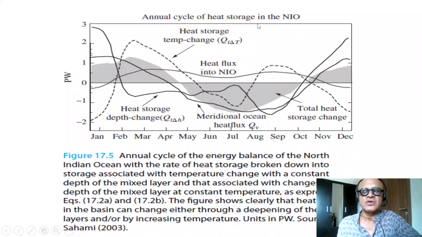So this is heat storage in the northern Indian Ocean again, and you can see that the heat storage by the change in temperature above the isotherm and the heat storage because of the depth change itself are typically out of phase.